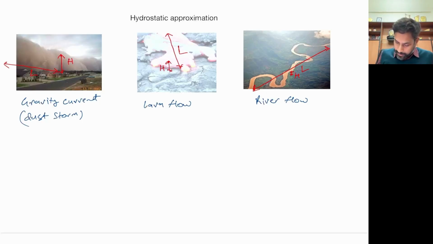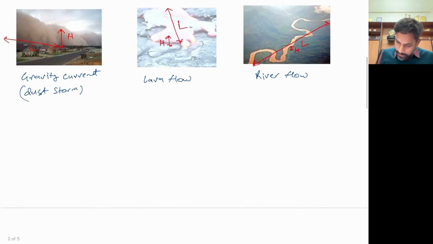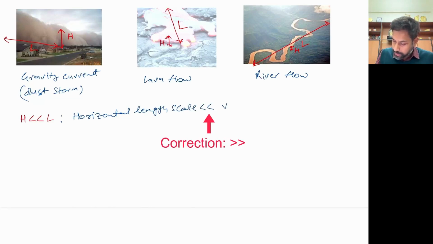So in all these cases, we very clearly see that H is much smaller than L, right? Which also means that horizontal length scale is much greater than the vertical length scale.